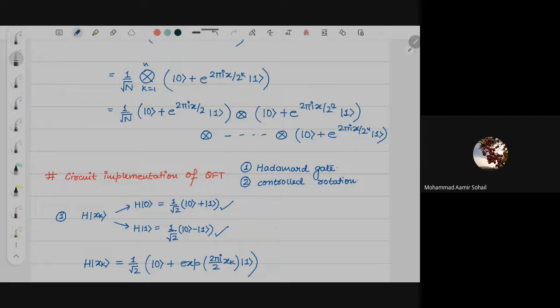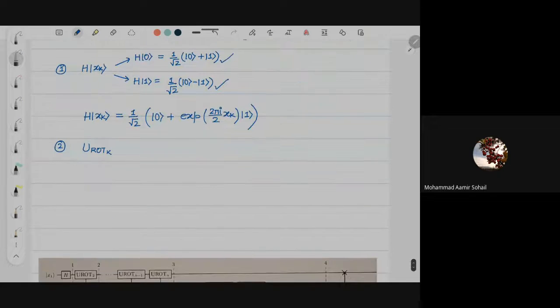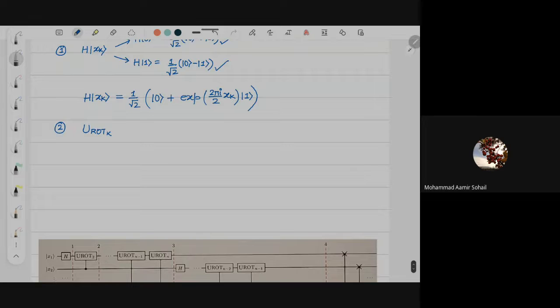That's why we are also writing the rotation U_k that acts on the kth bit, we can say. So U rotation is the matrix 1, 0, 0, exponential 2 pi i by 2 raised to k.